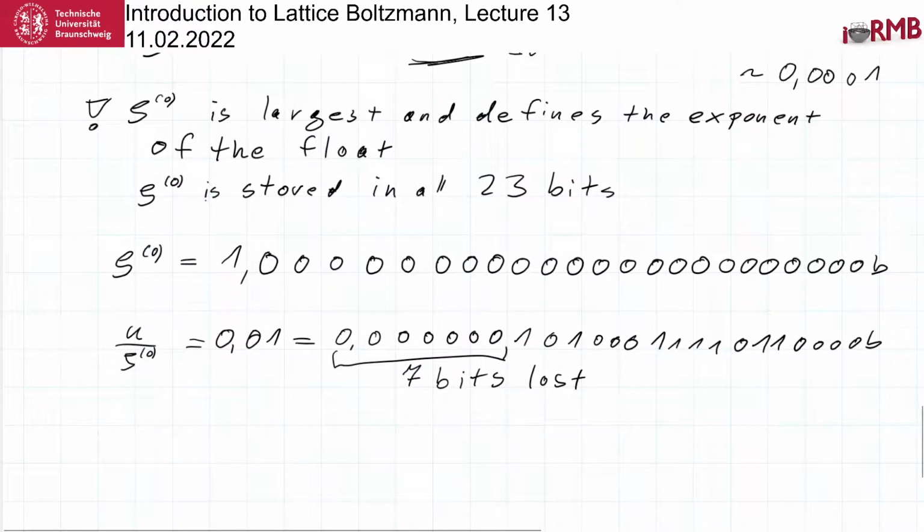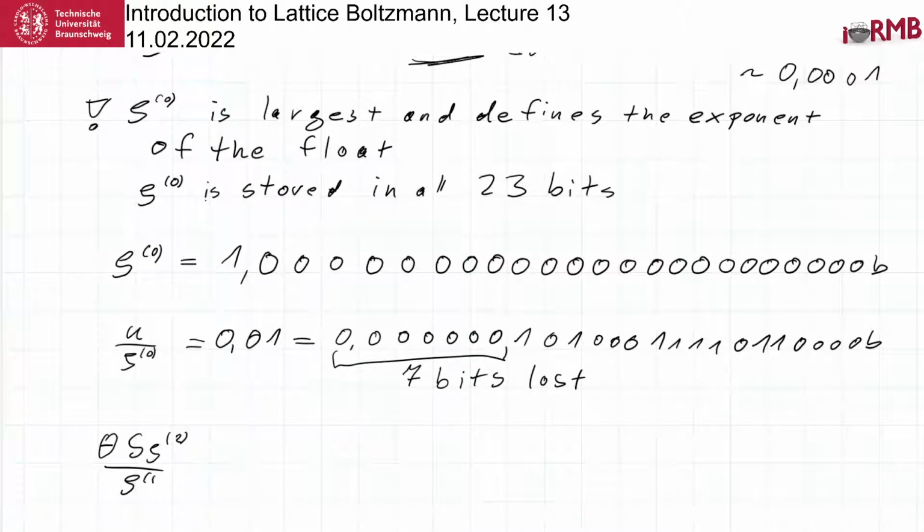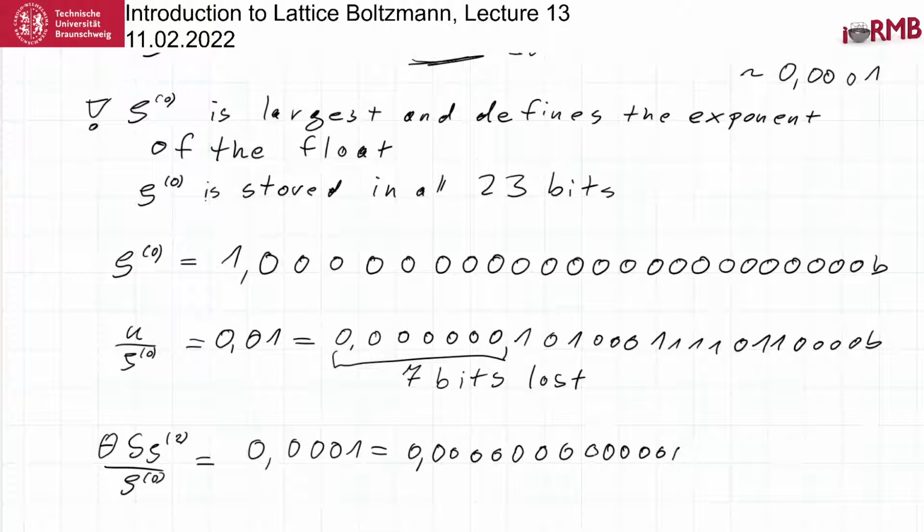So for the pressure, what does the pressure do? Our pressure by rho 0, we said this would be 0.0001, and this in binary is, now I have to count, 1, 2, 3, 4, 5, 6, 7, 8, 9, 10, 11, 12.